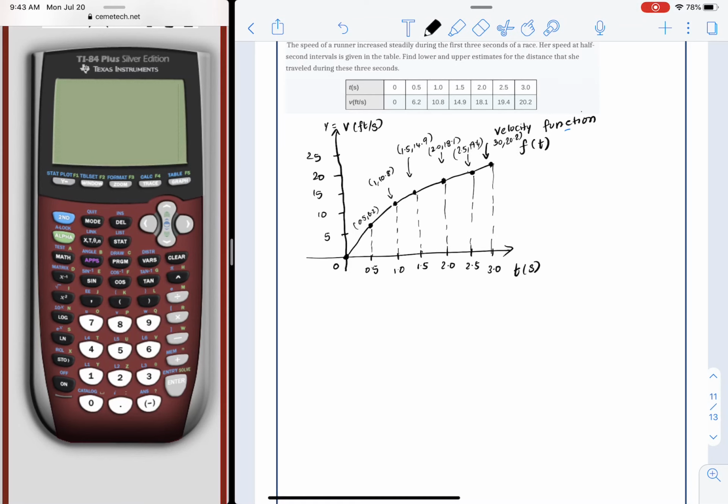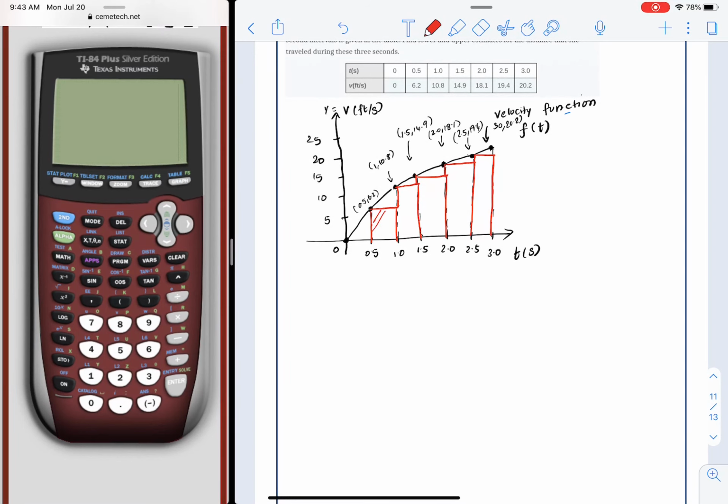Since we are starting on the left-hand side, I have my first rectangle going that way, second rectangle going that way, third, fourth, fifth, and clearly the lower sum is going to be an underestimate.